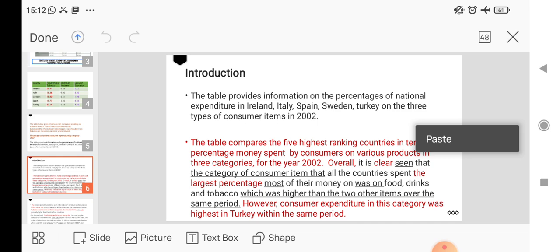So I see consumer item twice in the introduction, because this is the second sentence in the introduction, right? So this has been reconstructed using a linking word.